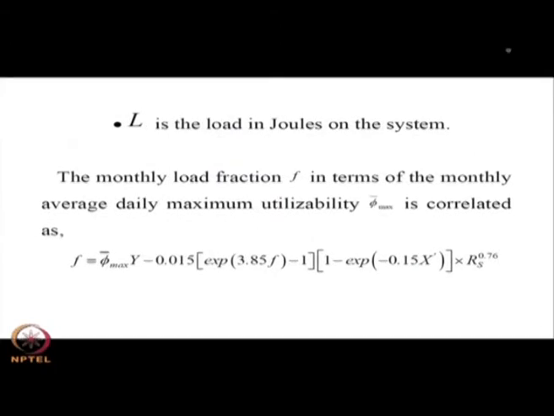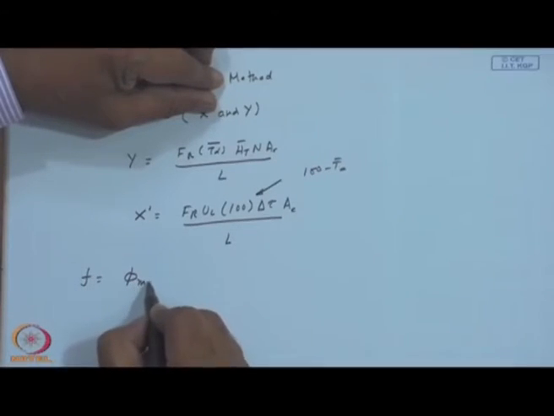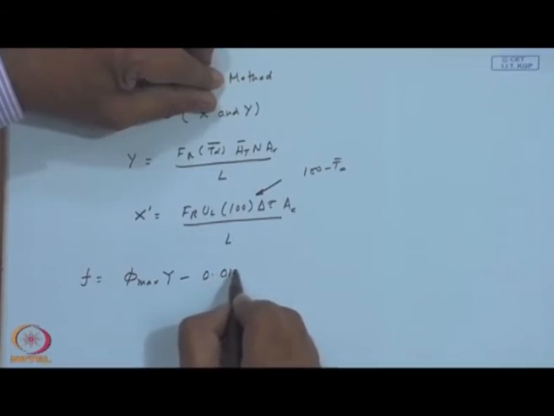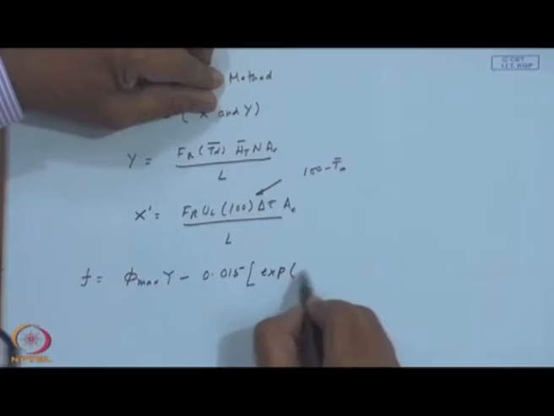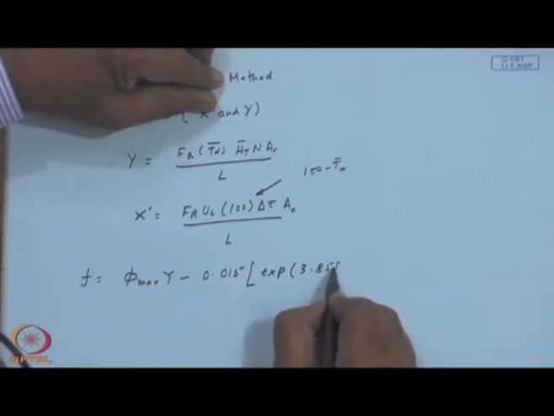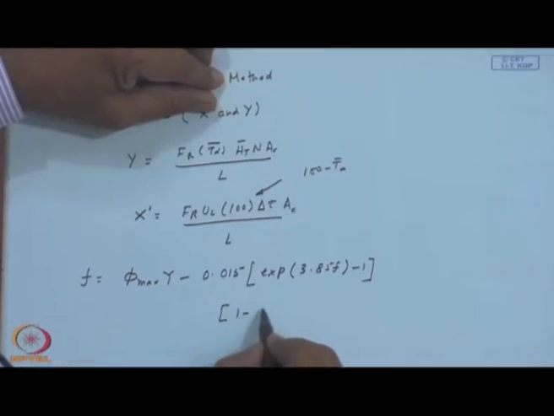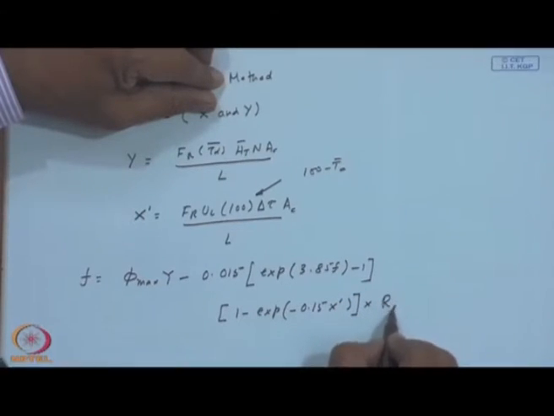U_L and H_T bar, all these things are known. So, the correlation reads: f is equal to phi bar max y minus 0.015 exponential to the power 3.85 f minus 1 times 1 minus exponential minus 0.15 x dashed times R_s to the power 0.76.